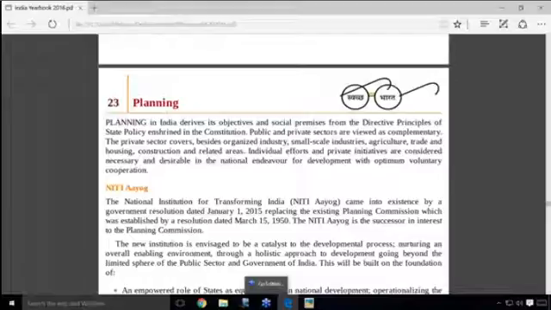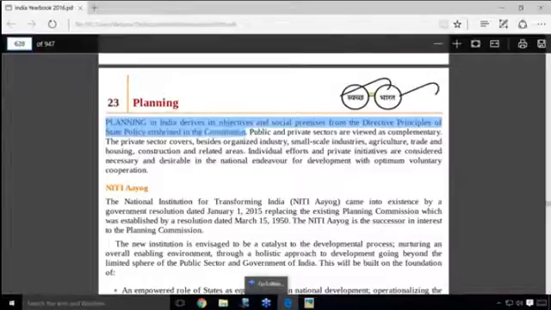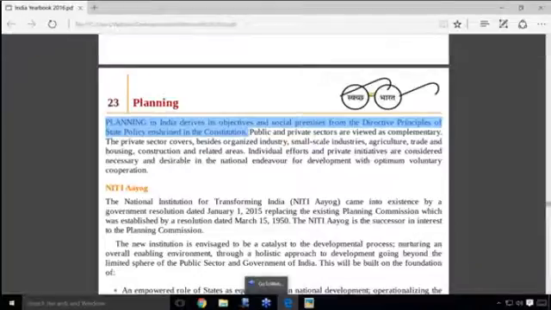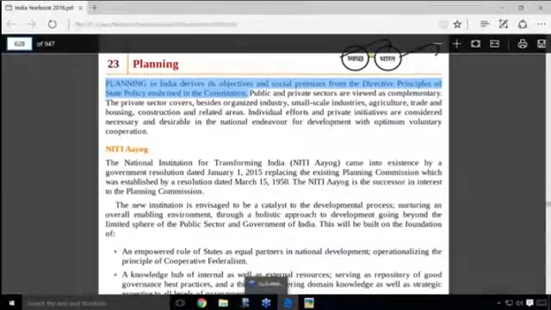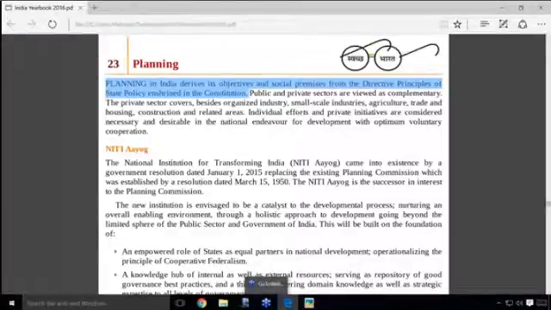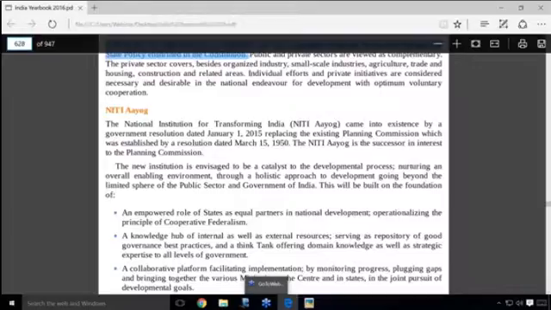Planning in India derives its objectives and social premises from the directive principles of state policy enshrined in the constitution. So if there is a question about it, you should know that planning in India was on the basis of which of the following: fundamental rights, DPSP and all. So it was basically because of DPSP. A Niti Aayog question has come already, but last year's question was very simple.